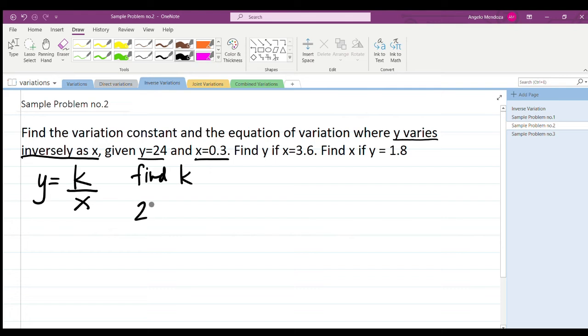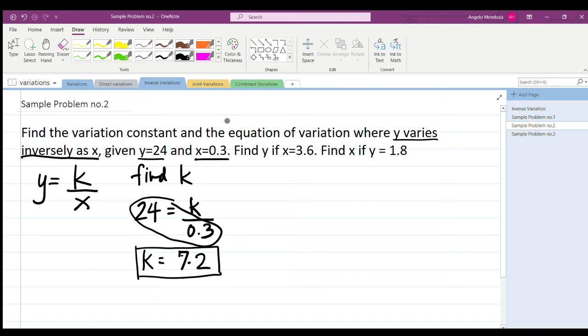So you have 24 is equal to k over 0.3. You cross multiply to get k. So 24 multiplied by 0.3 is 7.2. So this is now our variation constant.